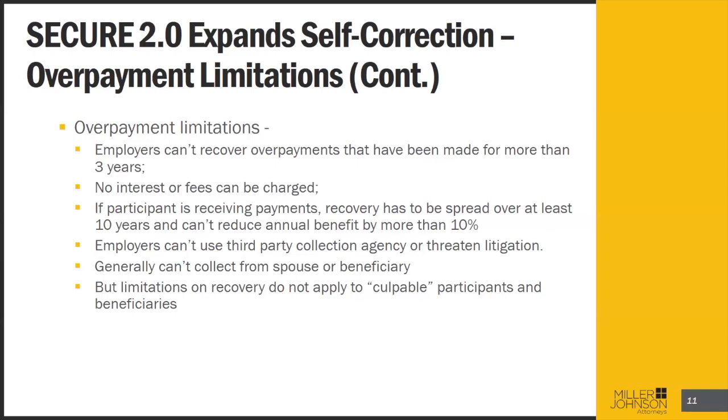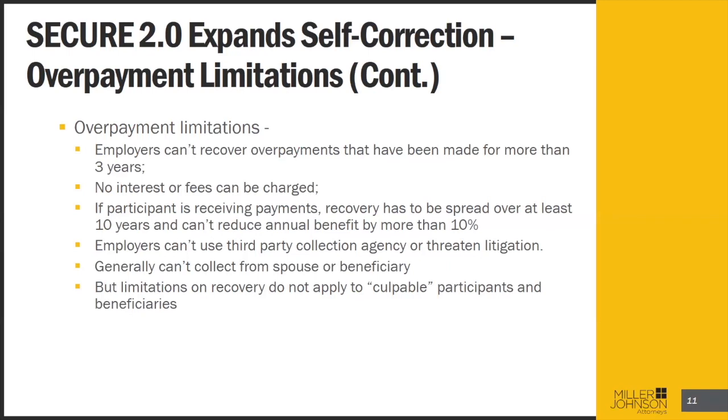All of these limitations don't apply if the participant is culpable. So if the participant or beneficiary knew that they were overpaid and is culpable in some way, then you're not subject to these restrictions I just described. And I think we still need more guidance about what this even means, because it's thankfully not that common, but it's been known to happen where employers just paid the wrong beneficiary.